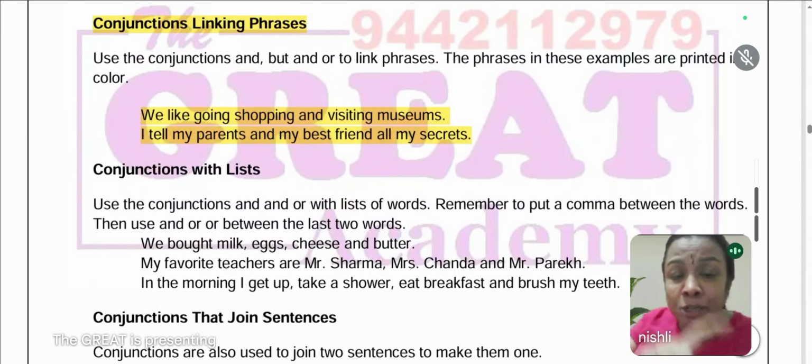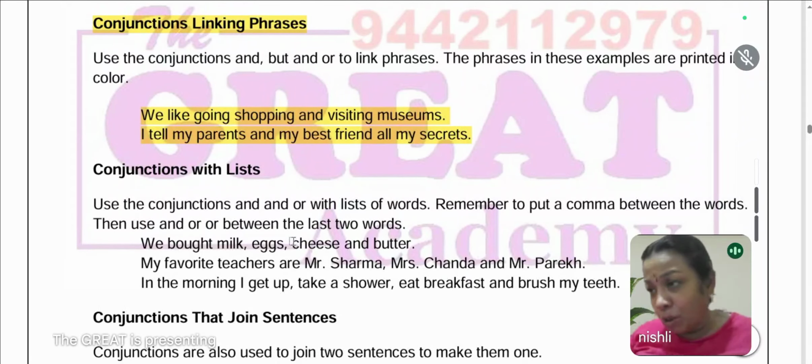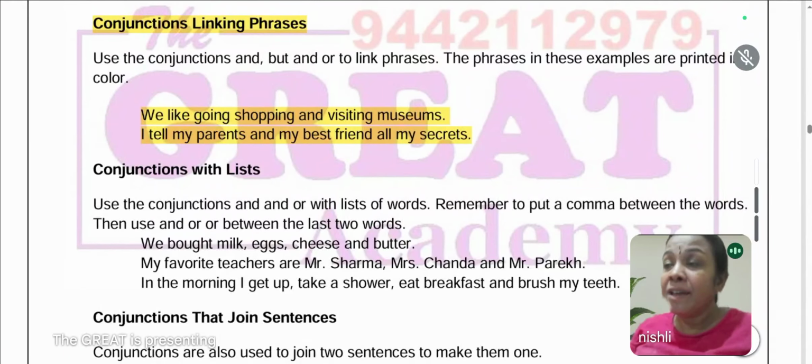To connect two activities, and is used. It's in addition. When there are two activities in a sentence, you have to use the word and.